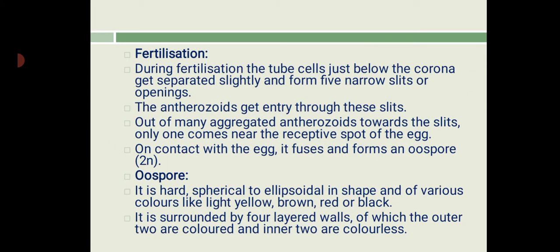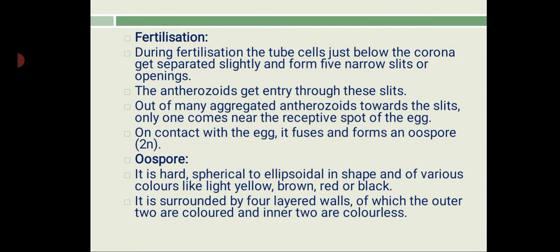So as we all know, during the fertilization, the tube cells just below the corona get separated slightly and form five narrow slits or openings. हमने पिछली क्लासेस के अंदर जब न्यूक्लियल की स्ट्रक्चर का स्टडी किया था तो हमने देखा था कि न्यूक्लियल के अंदर डिस्टल एंड की तरफ हमें कोरोना सेल्स देखने को मिलती हैं.